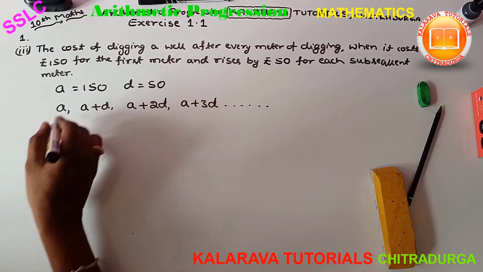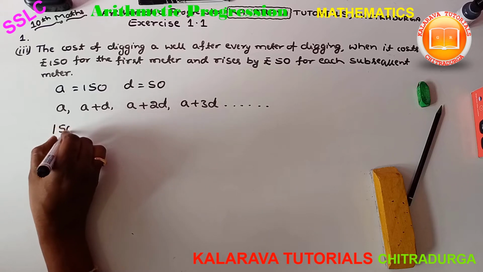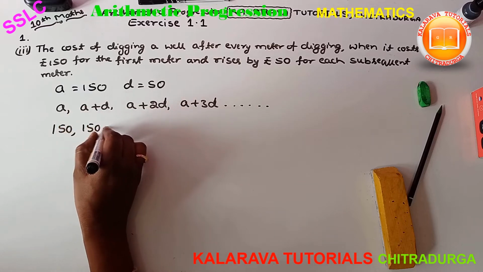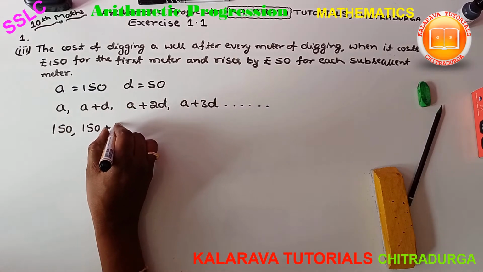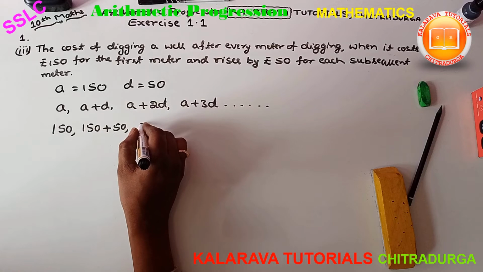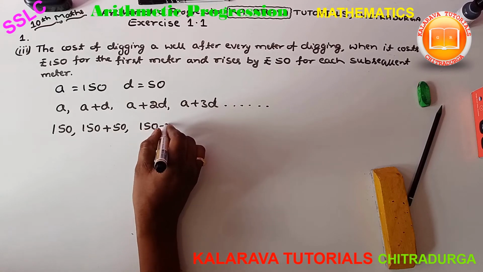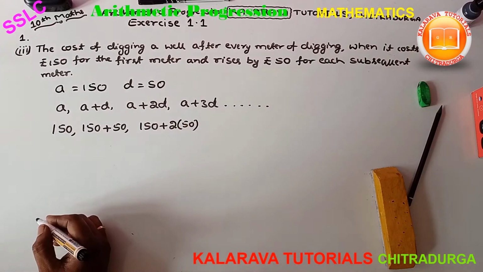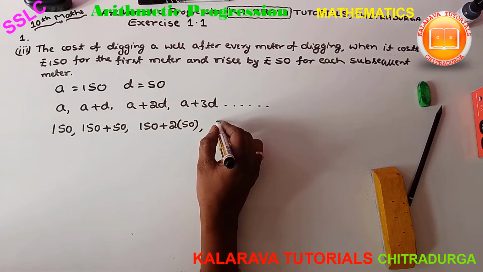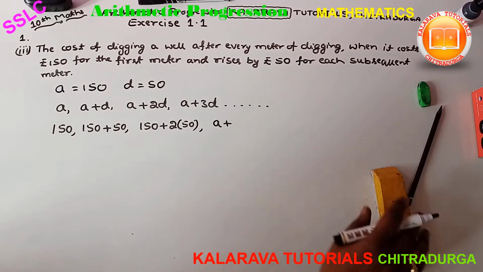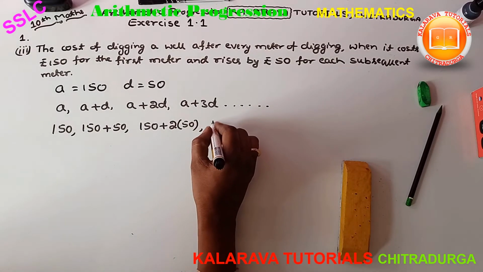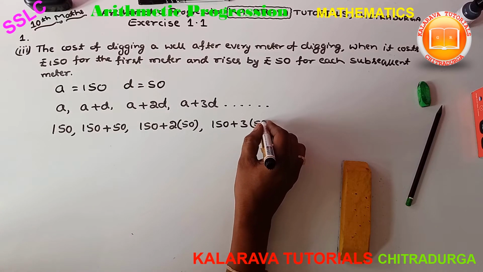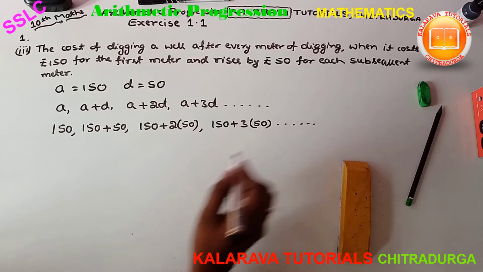For the first term, 150; for the second term, A as 150 plus D as rupees 50; for the third term, 150 plus 2 into 50; and for the fourth term, 150 plus 3 into 50, and so on.